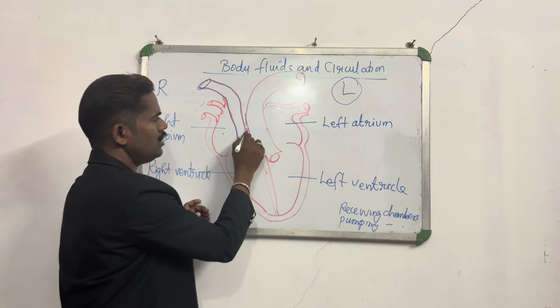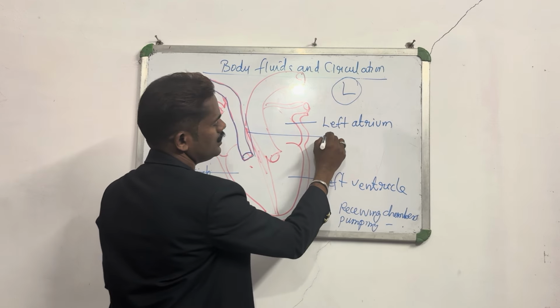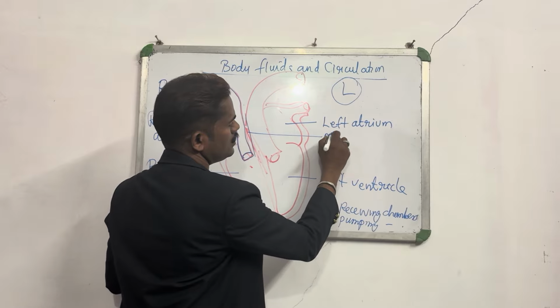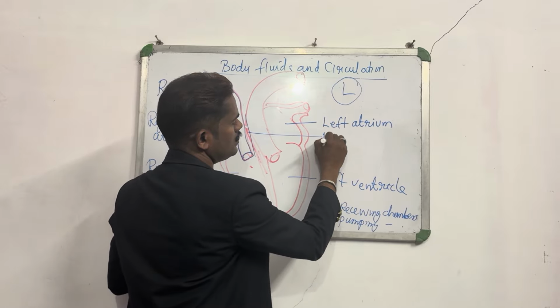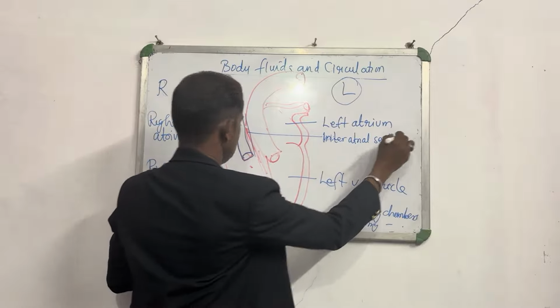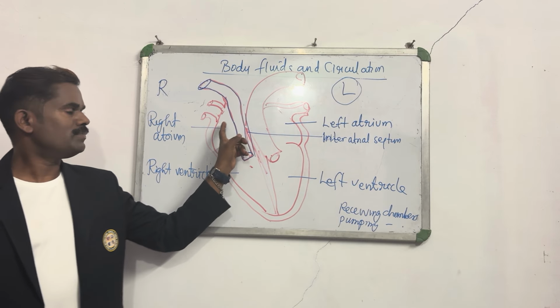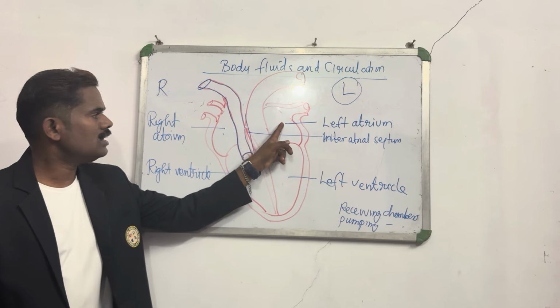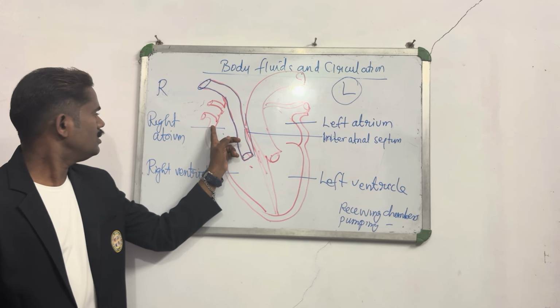This partition wall is called the interatrial septum. Septum means wall. It is a wall between the left atrium and right atrium.